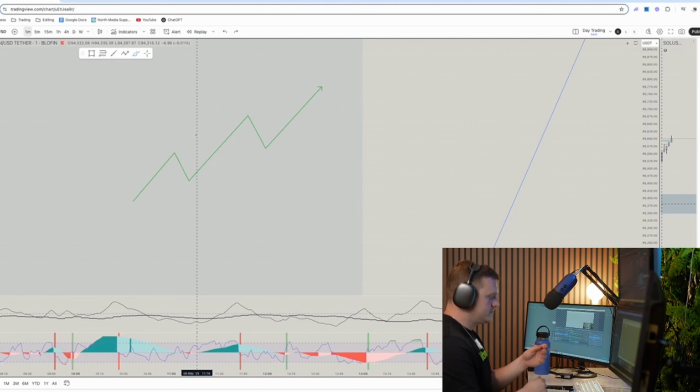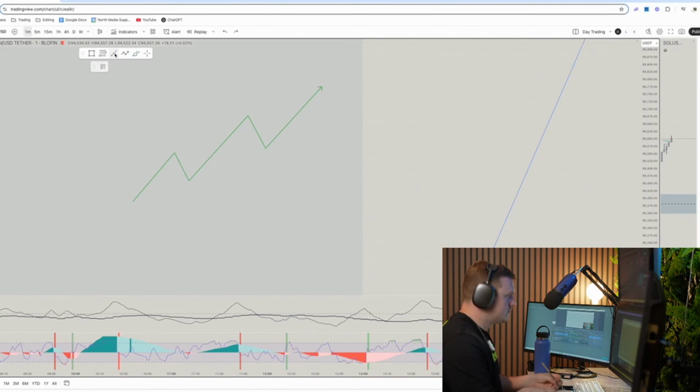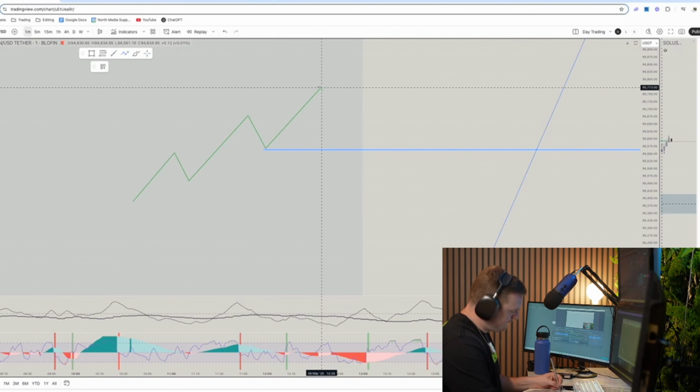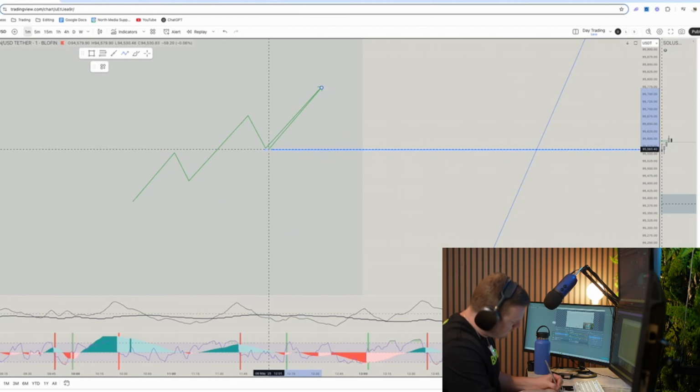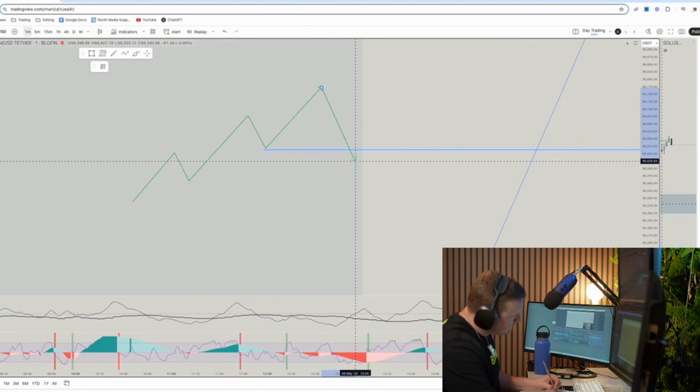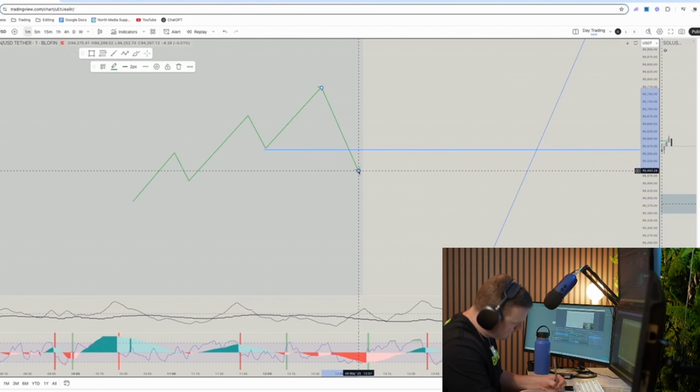So now that we can say that we're in an uptrend, we can mark out the most recent low right here. What a change of character is, if this trend comes down and breaks below this and closes below the low right here. So let's say that candle closes all the way down here.